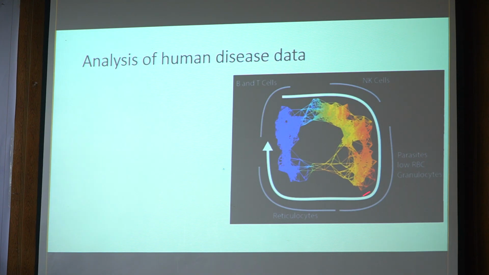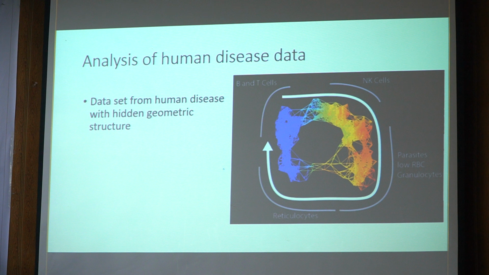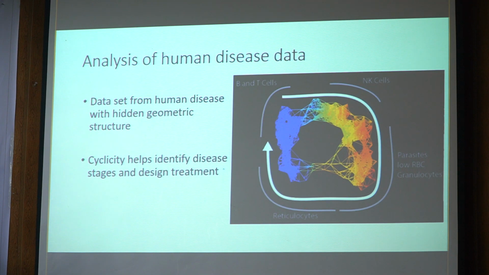So there is some kind of evolution of whatever disease this is trying to represent, where you can visualize the data and understand the data, and the analysis reveals some hidden geometric structure, and the cyclicity helps identify different stages of the disease and even design treatment.